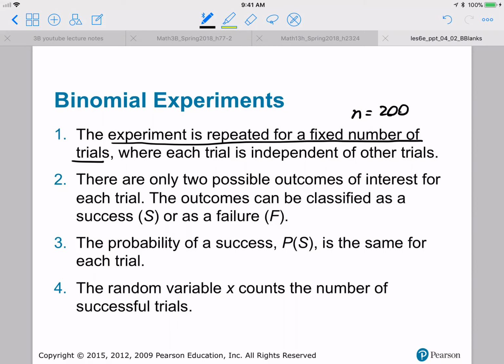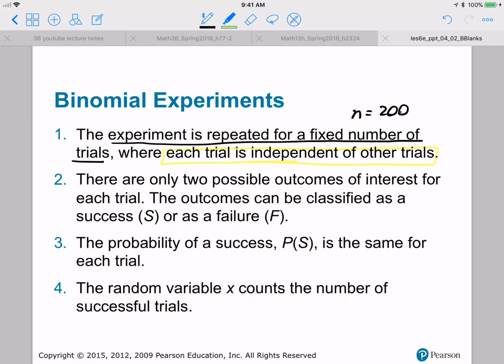For the blood pressure treatment example, typically that's going to be independent trials, because if I give a pill to one patient, that's not going to impact whether another patient's blood pressure falls below that certain number. But you have to make sure that your trials are independent, so each trial needs to be independent of the other trials.